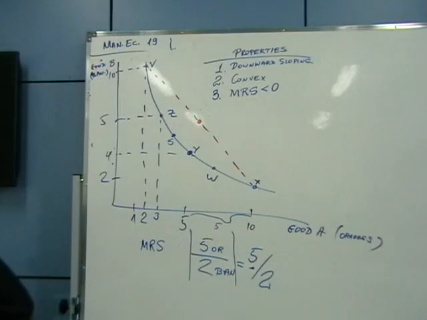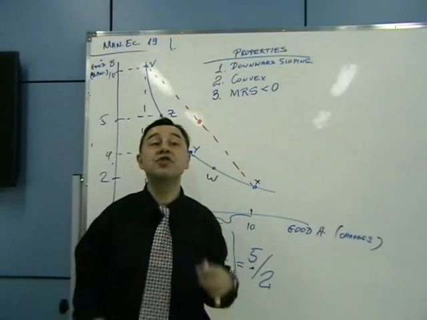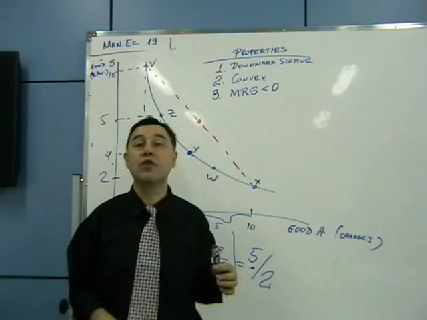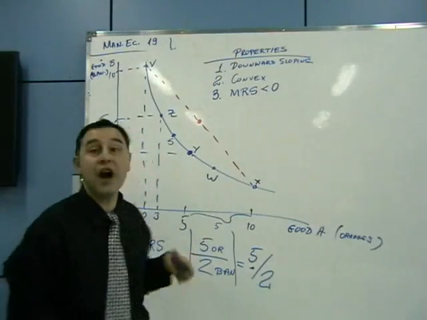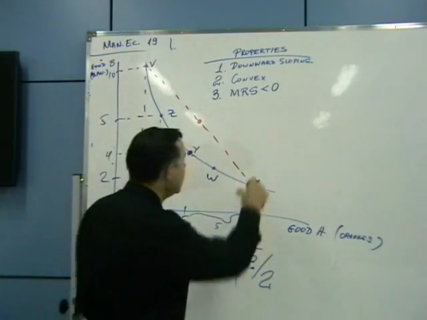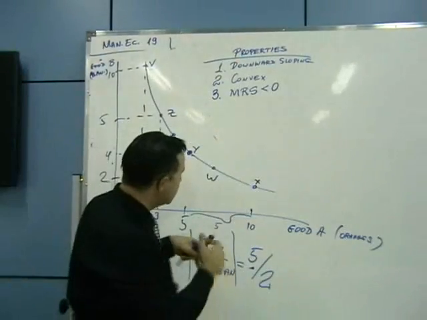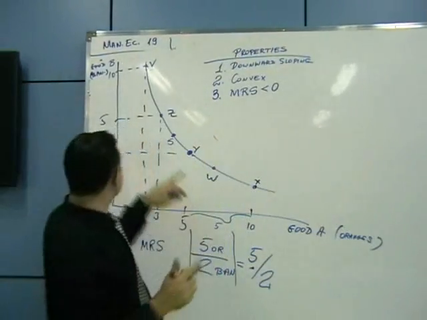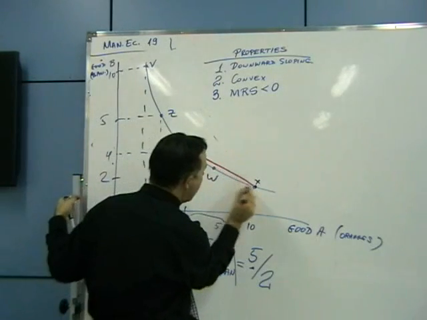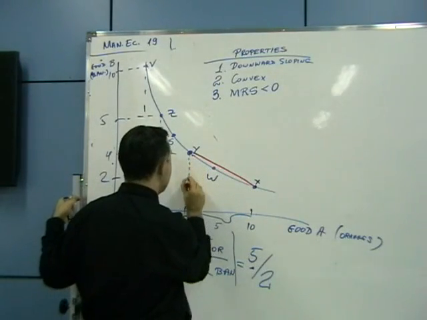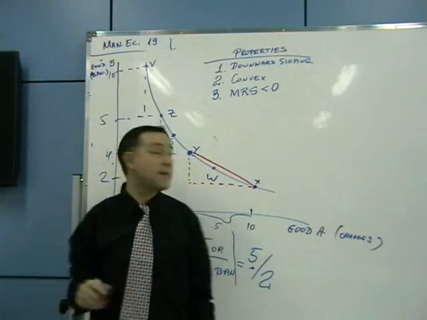Alright, let's see, marginal rate. Now, marginal rate of substitution can be computed over an interval. What I just did is 5 and 2, I computed it over an interval. Which was the interval? The interval was beginning at this point x all the way to y. So, what is the marginal rate of substitution?